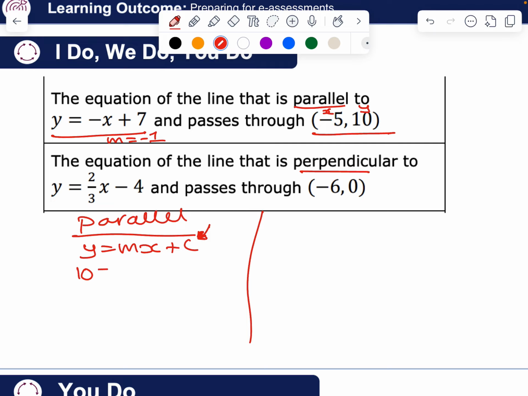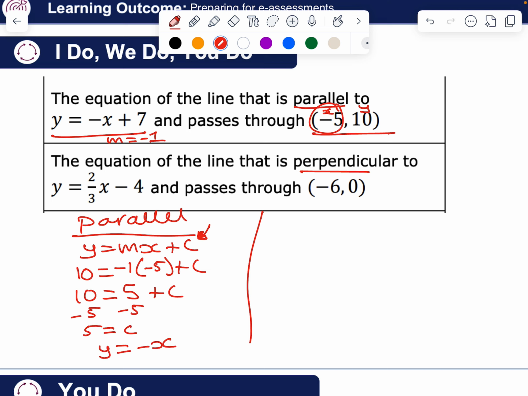So 10 equals m is negative 1, x is negative 5, plus c. So if you times that out, it's going to give you positive 5. And if you bring that over, 5 equals c. So my equation is y equals negative x plus 5.